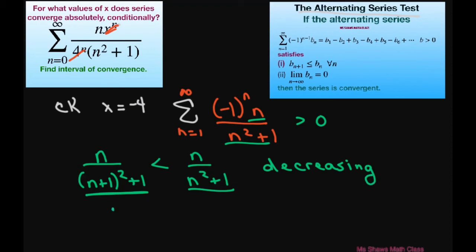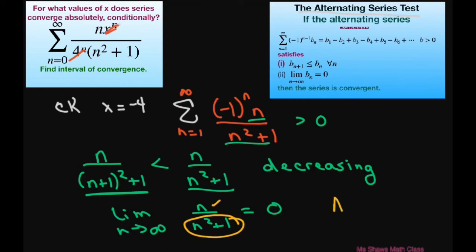And if you take the limit as n approaches infinity of n divided by n squared plus 1, that is going to equal 0, because the denominator is going to grow larger than the numerator. So it converges conditionally by the alternating series test.